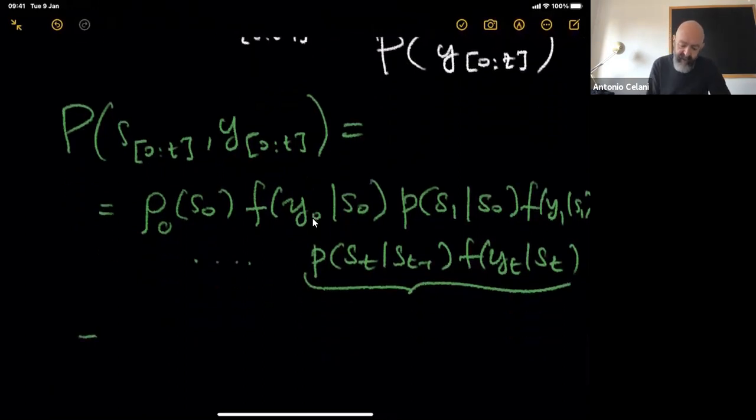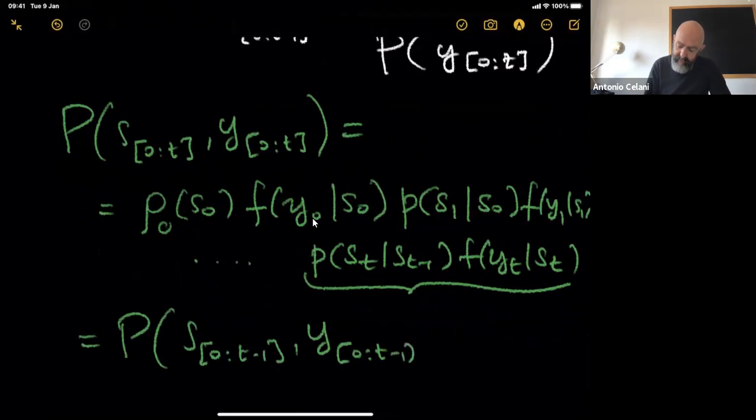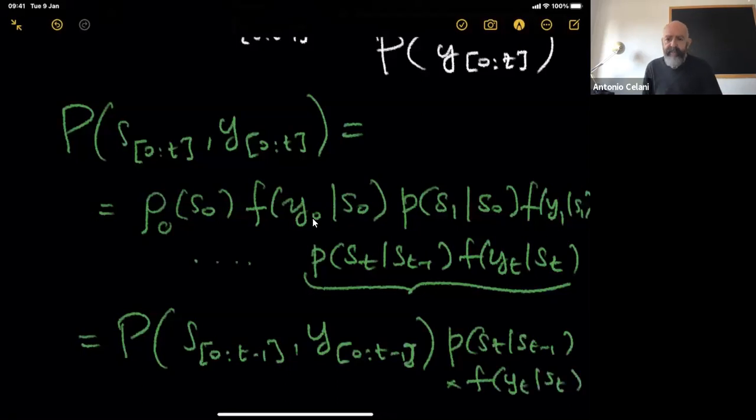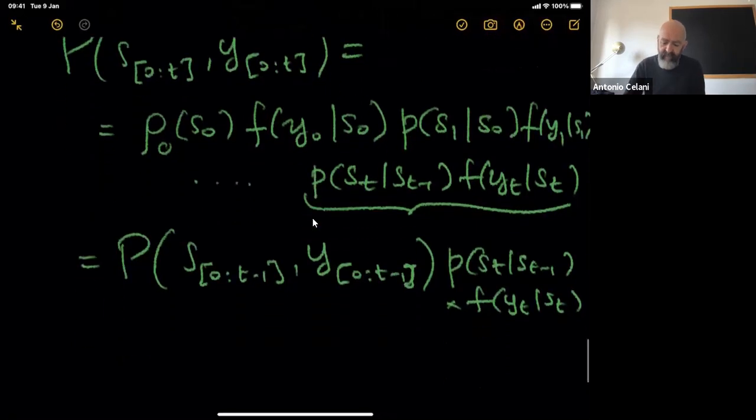And therefore, this is also equal to the probability of everything that has happened until the previous time, t minus 1, times the last step. Okay. Everything plain. Here, I started using assumptions about my system. That is the Markovianity. Very good.